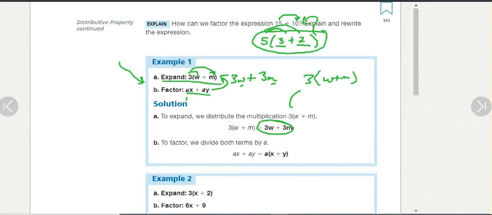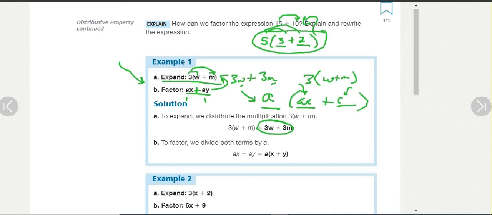And since there's only 2 terms, and they're both plus, I'm going to do a parenthesis and make 2 spaces with a plus sign in the middle, and then something's going to go out here. Whatever is in common, whatever its greatest common factor is, goes on the outside, and that's going to be A. A times what is AX? Goes here. Sorry, A times what equals AY goes here.